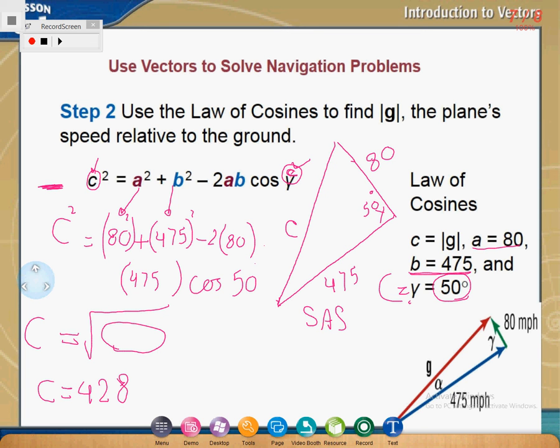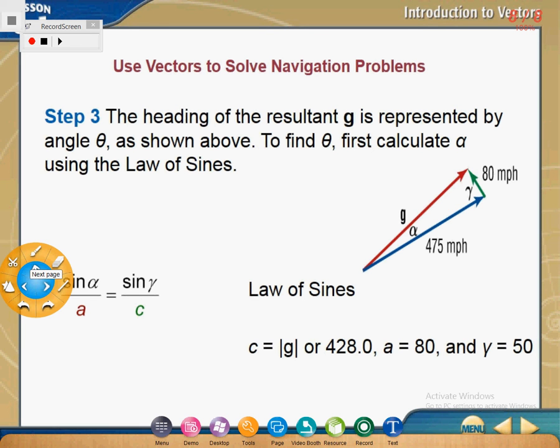We didn't finish. He asked us to find the magnitude, then the direction. The direction means, let's go to the second slide, I need to find an angle. This is not the angle which he wants us to find, but we will find it because I need it later to find the real angle.